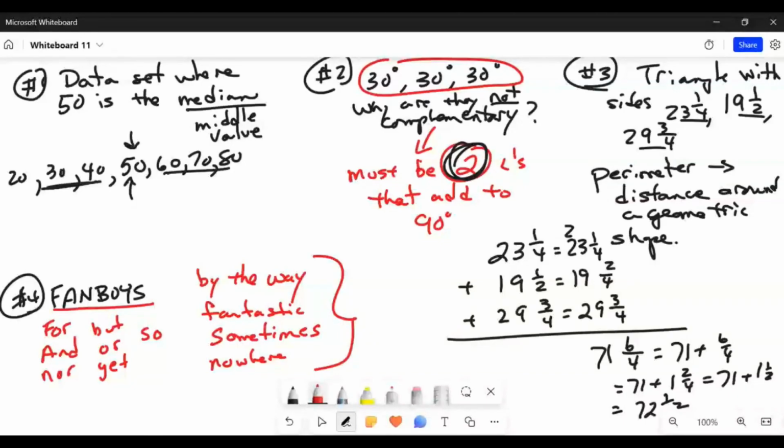All right. Homework. You all had to do the sheet on... make sure I'm pulling up the right one.